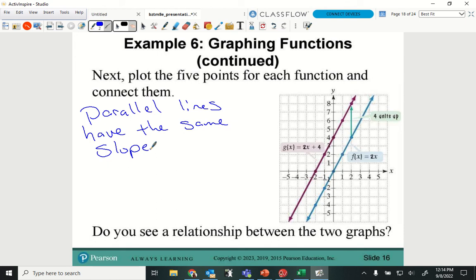Now, in this one right here, it's also the same slope but different y-intercept. So here my slope is 2x and slope is 2x. So the number in front of the x is your slope. We're going to get to that here in a second.